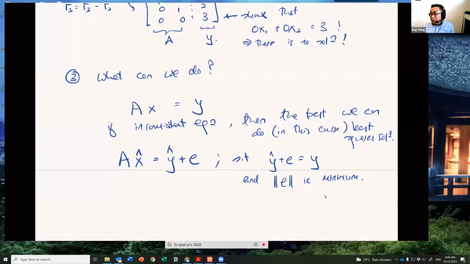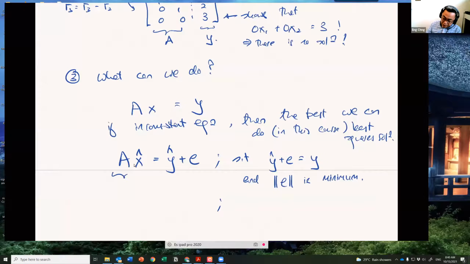So the cool thing is, if this is all satisfied, then we still get y hat, which is an approximation of y, and we get e to be the smallest that we can get. All we are trying to do is to find x hat.